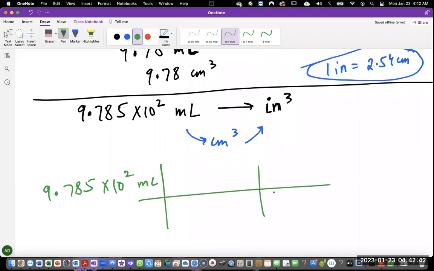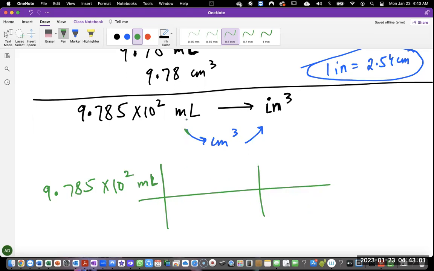Why do we need multiple steps? Because this problem cannot be done by using just one conversion factor. If you figured out that you need 2 steps, like you see the first arrow and the second arrow, you will be making conversion factors like this. So let's see how to solve this.